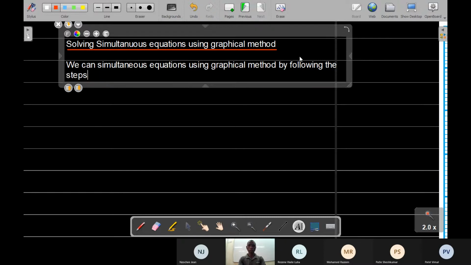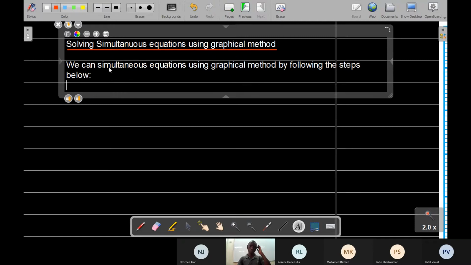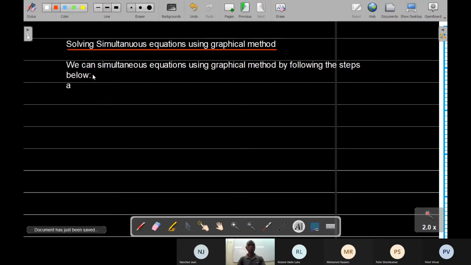I'm going to show you the steps which we follow if we are to solve simultaneous equations using the graphical method.